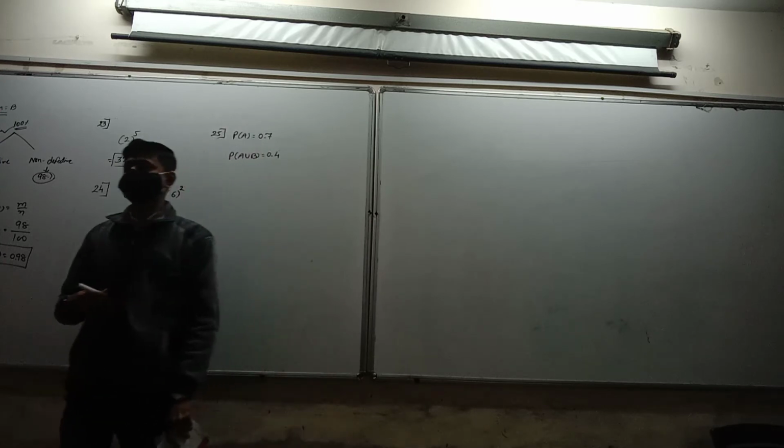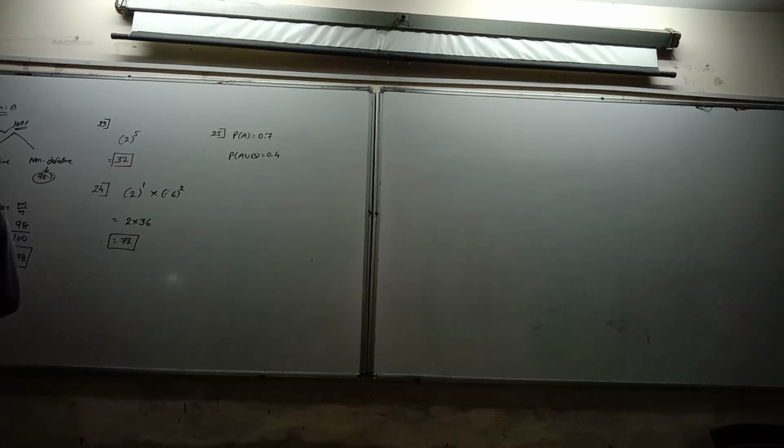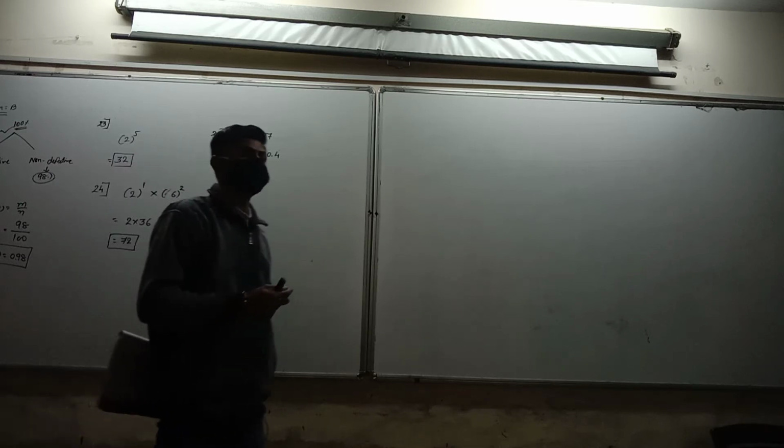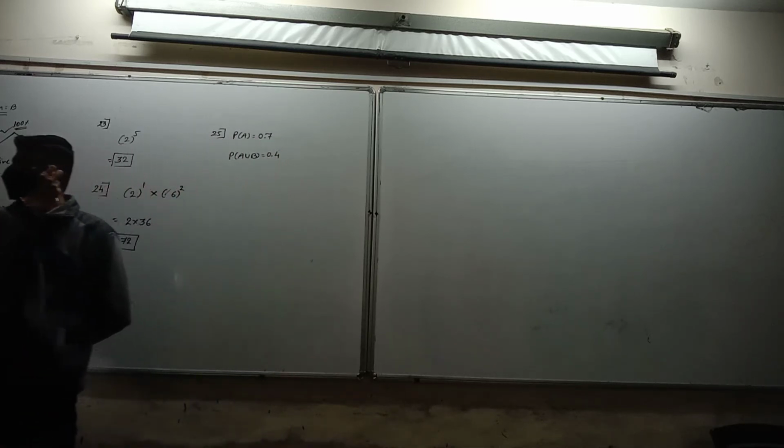Possible or impossible, with reason. P of A is 0.7 and A union B is 0.45. First of all, possible or not possible? Reason later. Possible or not?